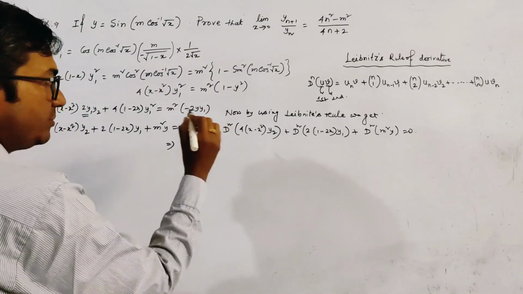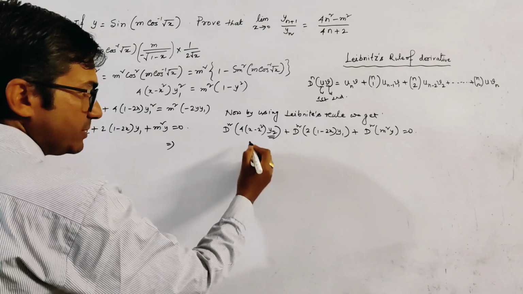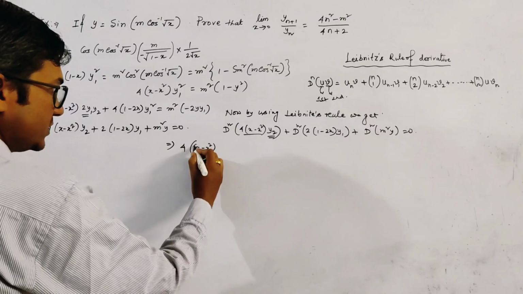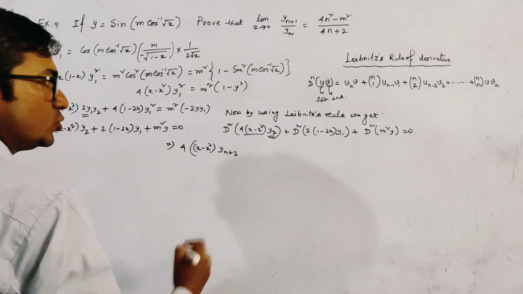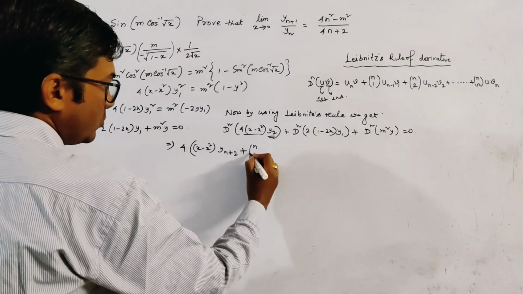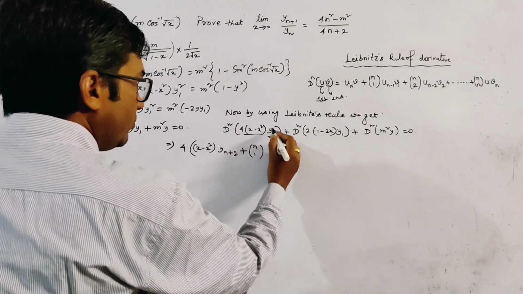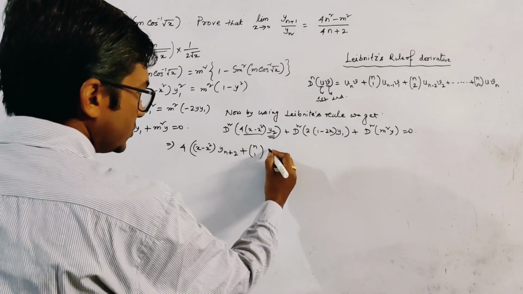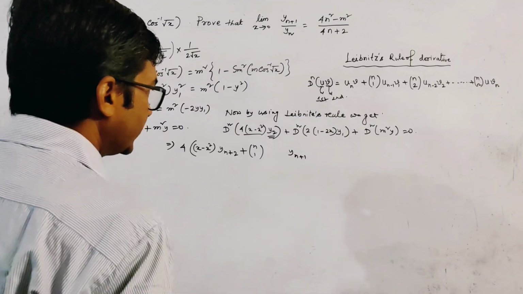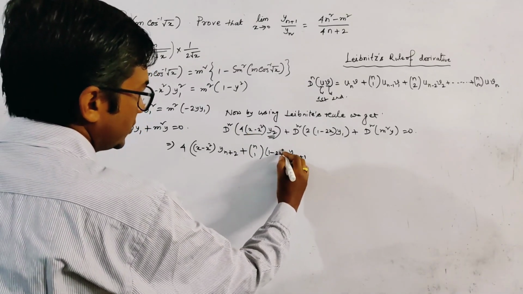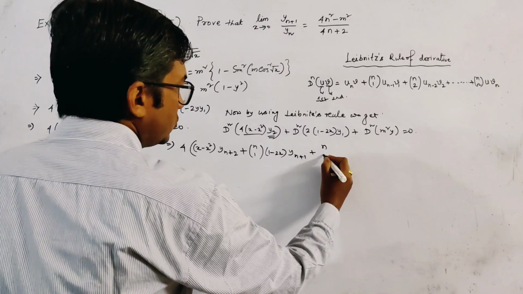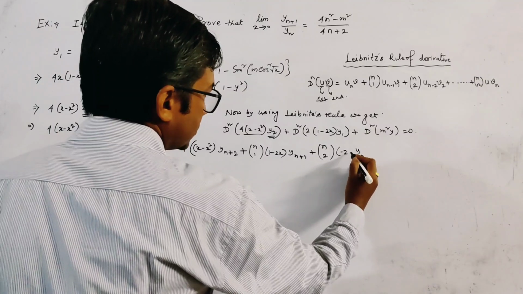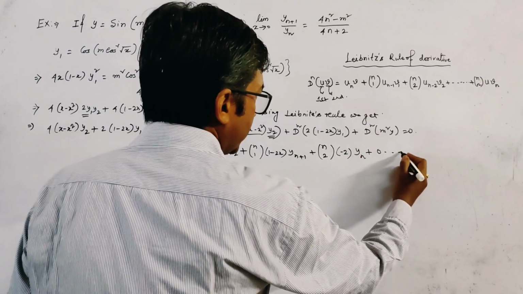Using the Leibniz rule, taking (x − x²) as the first function and y2 as the second, we get (x − x²) y_{n+2} + nC1 y_{n+1} (1 − 2x) + nC2 y_n (−2), and all the other terms are 0.